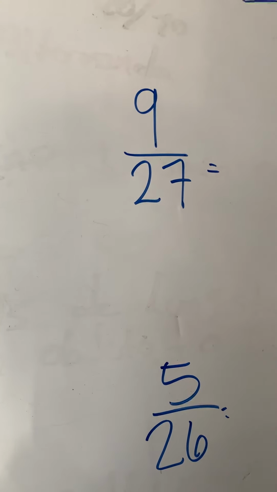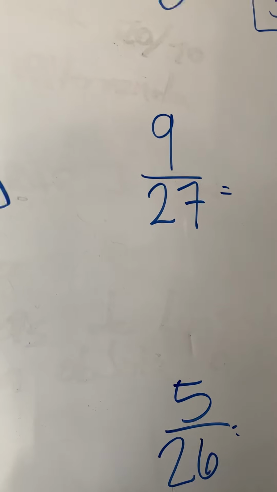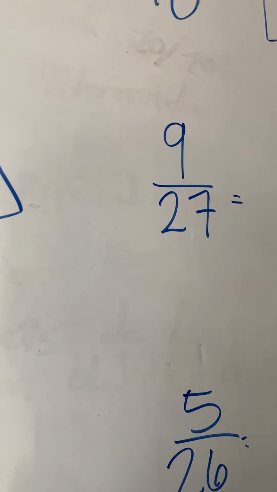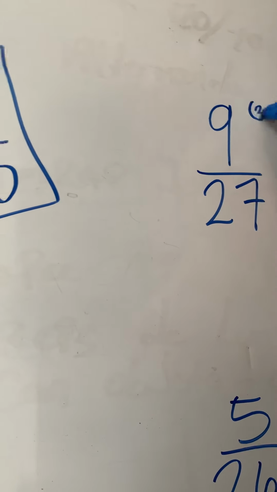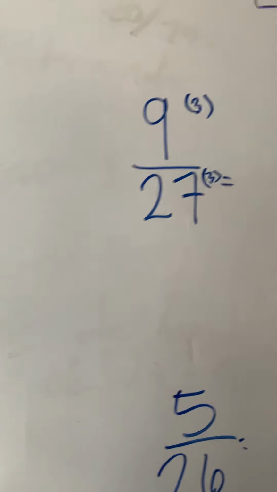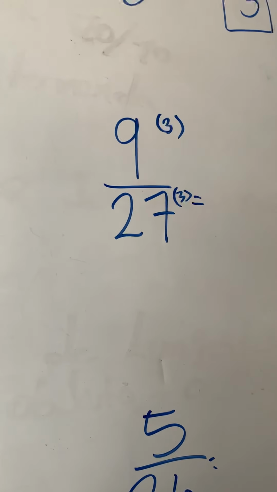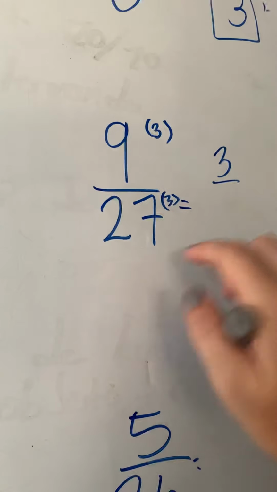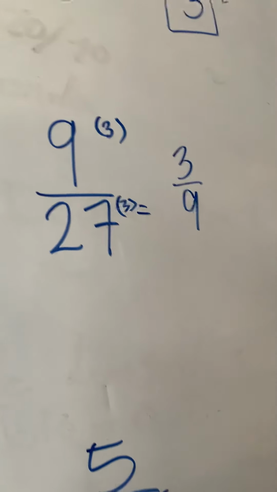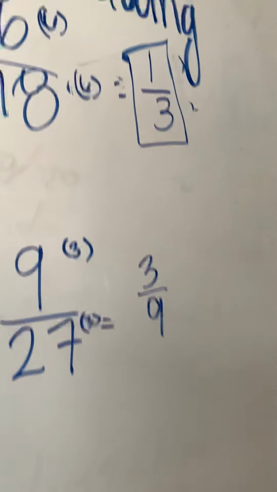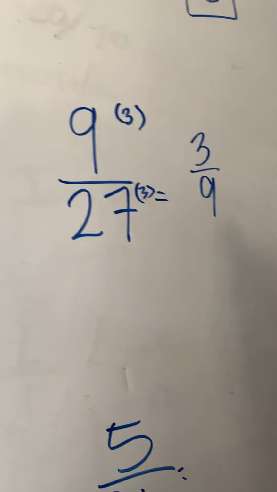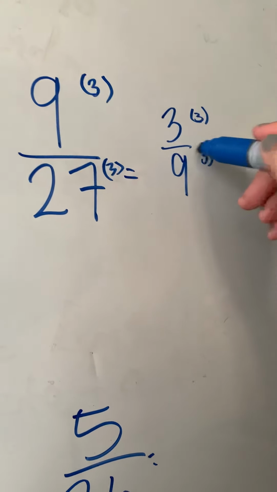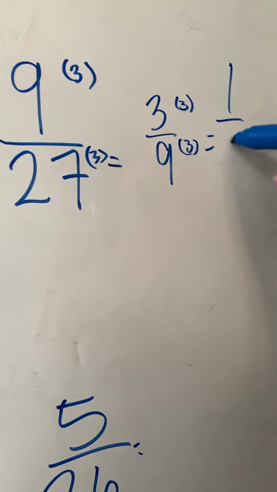Let's look at this one, 9 over 27. Many of you are going to do 3. That is not incorrect. 3 goes into 9 3 times. 3 goes into 27 9 times. But if you look there, it's the same as this one. 3 goes into 3 and 3 goes into 9. 1/3.